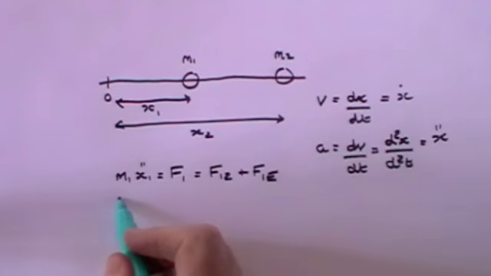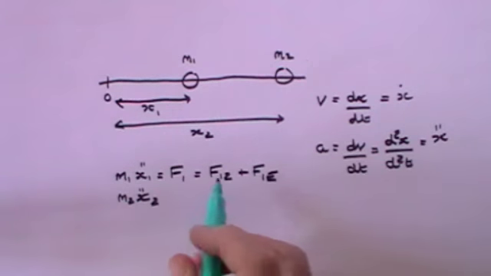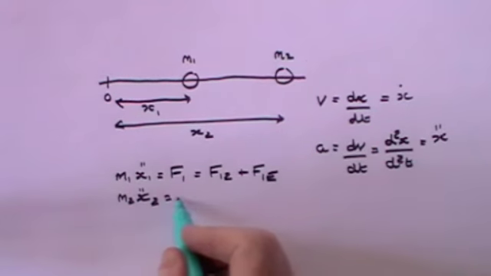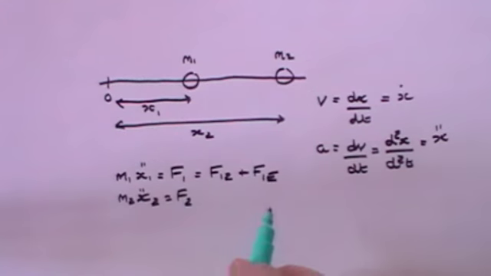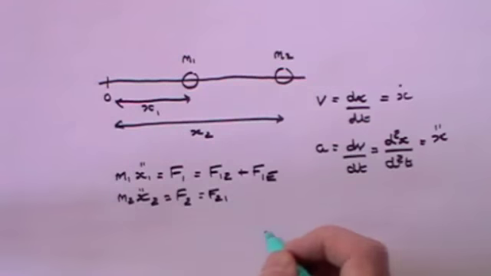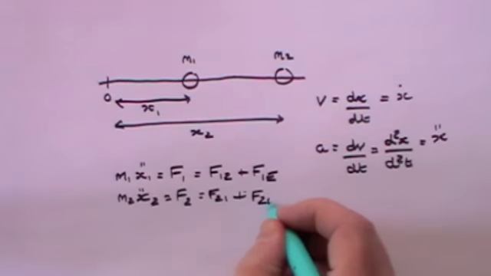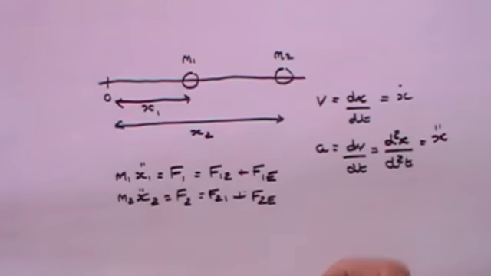Similarly, mass 2 times the second differential of x2 is equal to the force on mass 2, which equals the force on mass 2 due to mass 1, plus the external force acting on mass 2.